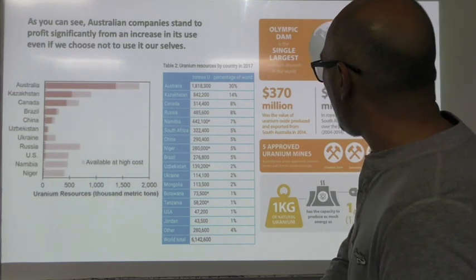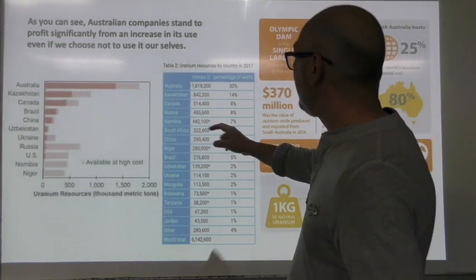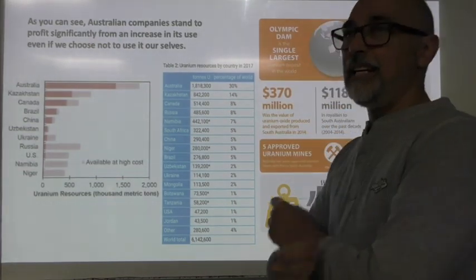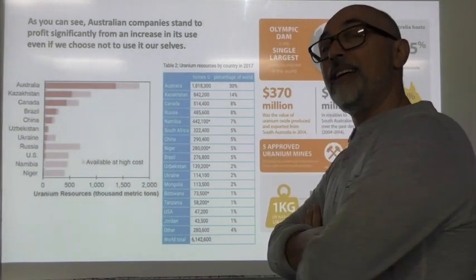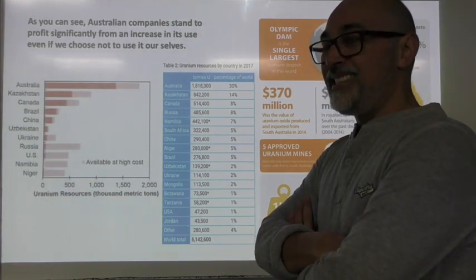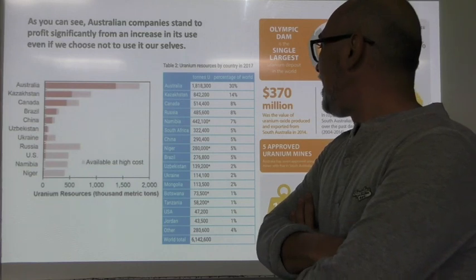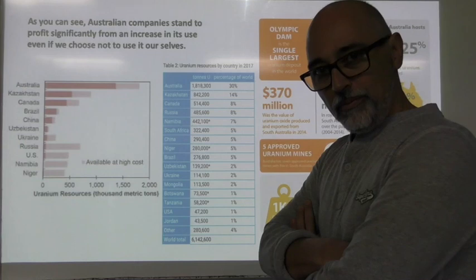So economically, you'd see that Australia stands to gain a lot from mining uranium, and not only using it ourselves, but selling it to everybody else. So there is a very strong economic argument for doing it.